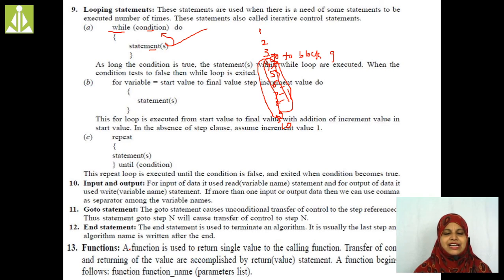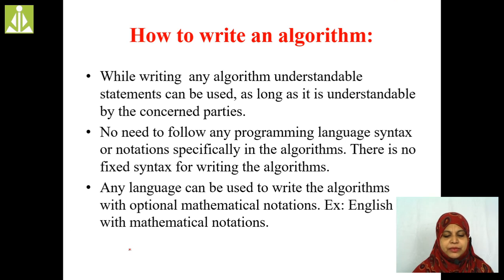Up to here clear. Next topic is how to write an algorithm. While we are writing any algorithm, we have to follow some set of rules. While writing any algorithm, it must be understandable. For example, I am going to write the algorithm for the factorial of a given number.